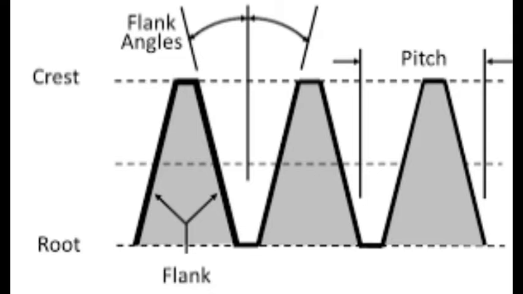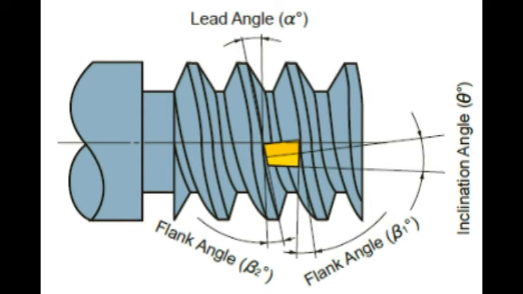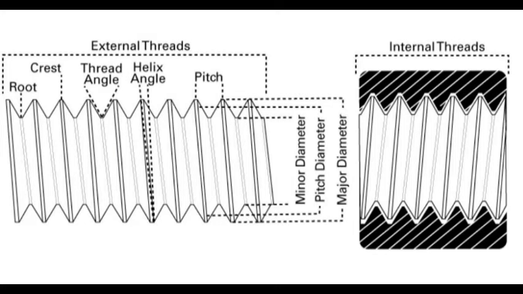On a straight thread, lead angle is the angle made by the helix of the thread at the pitch line with the plane perpendicular to the axis. Next one is helix angle. On a straight thread, the helix angle is the angle made by the helix of the thread at the pitch line with the axis.